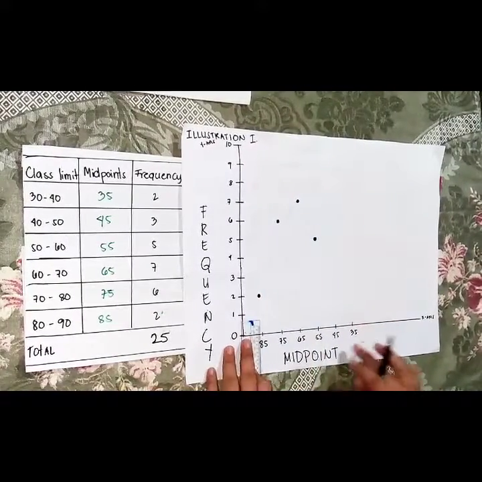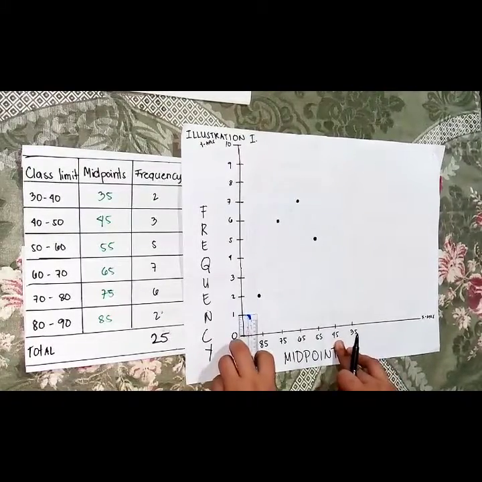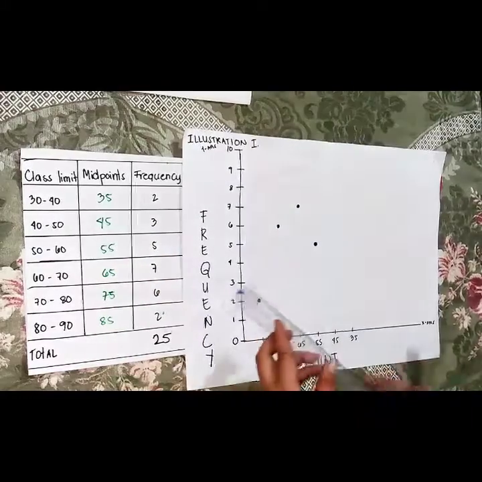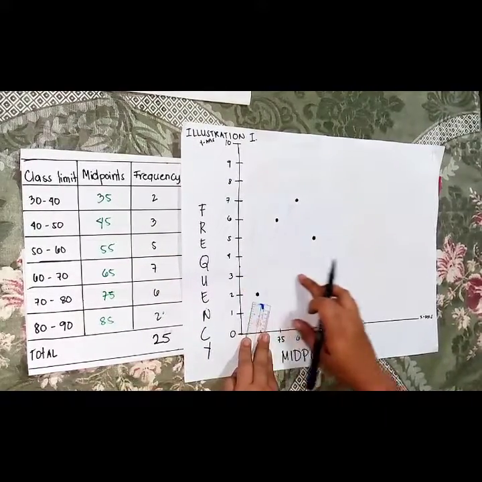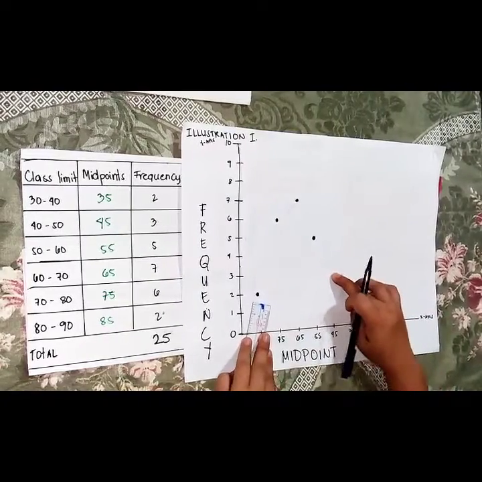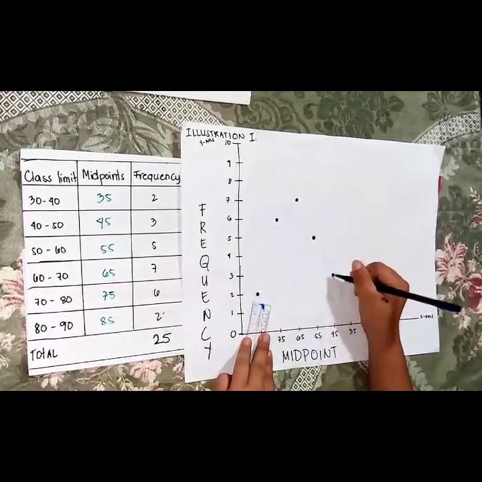And next, in our x-axis, we have 45 with a frequency of 3. So we are going to point the shade at the number 3 line to the 45. So we are going to shade here.